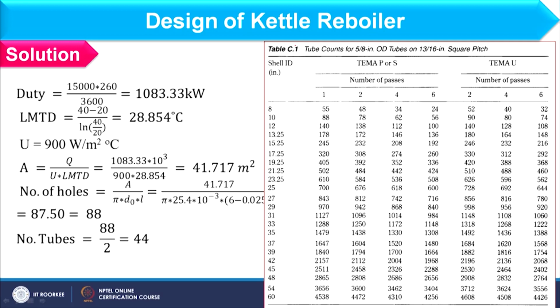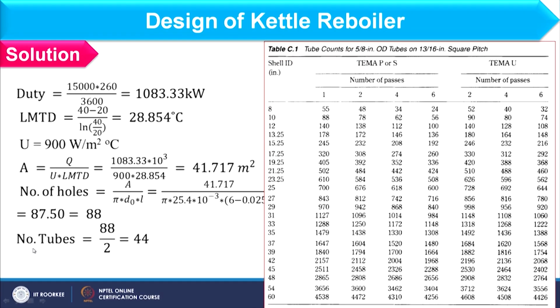So, let us see table C1 first. So, if you focus on table C1, it gives tube count for 5 by 8 inch OD tubes on 13 by 16 inch square pitch. Okay. So, if you see, OD of the tube is not 1 inch as given in this problem, fine. So, this table will not work for me.